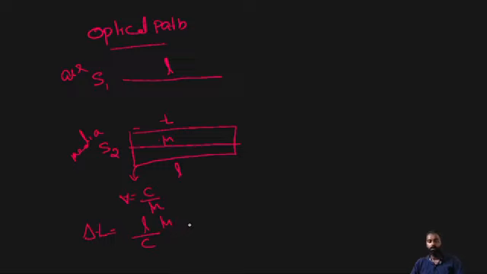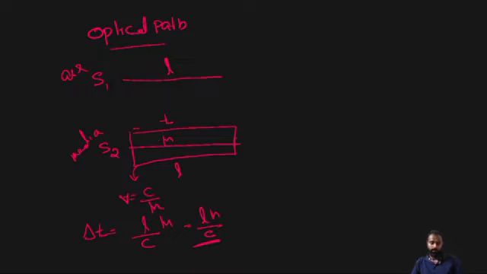So this is L mu by C. So the time to cover this distance of the second source by this glass slab is this amount of time.